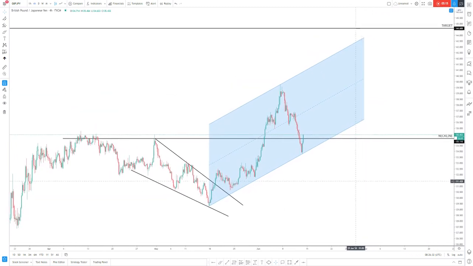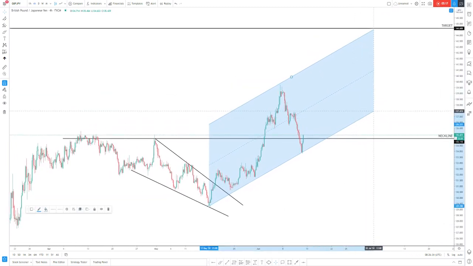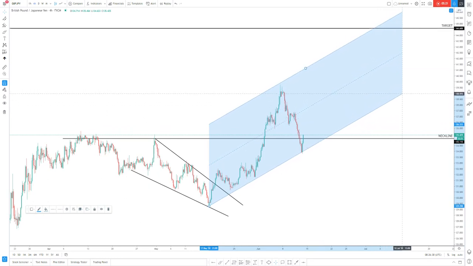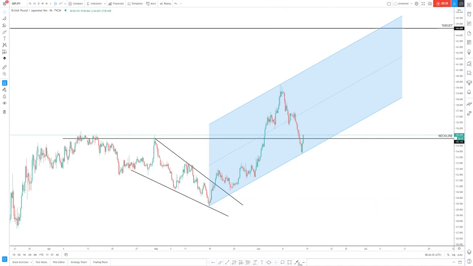So we know the rules when price actually moves in a channel. We expect it to reach the value high of the channel. So we expect something like this to reach the value high of the channel. But we know channels can break and they can actually reject. But I still would keep my target at that weekly level, but look to catch price movement to the upside.